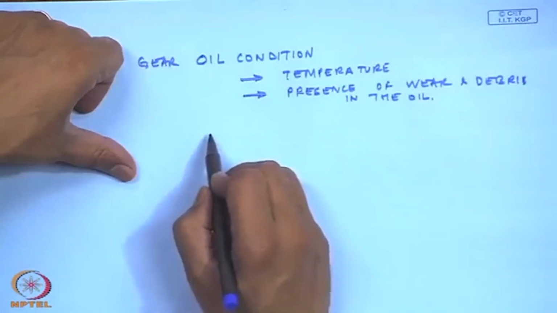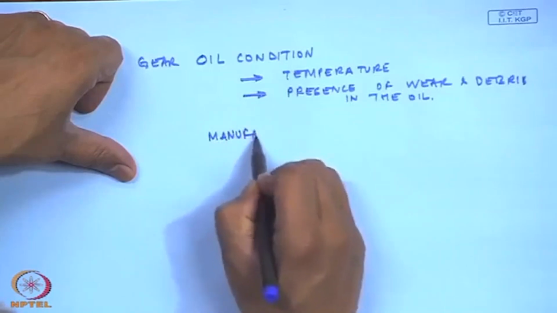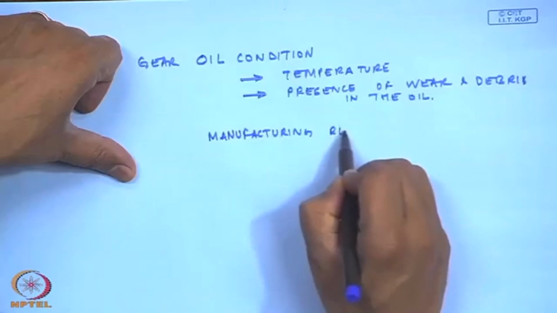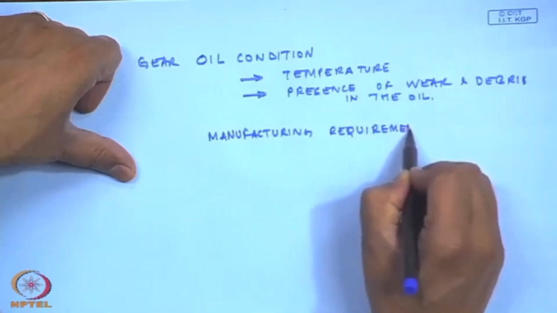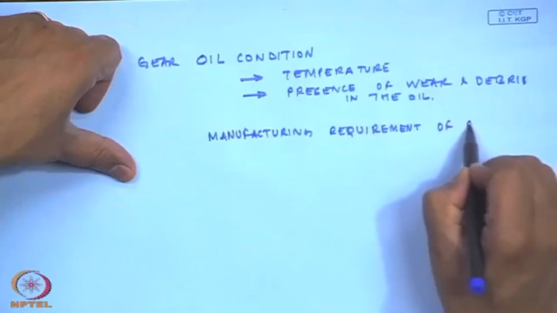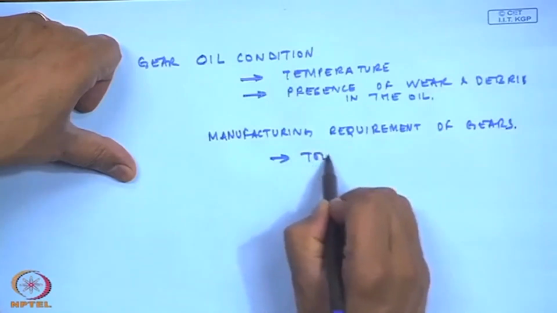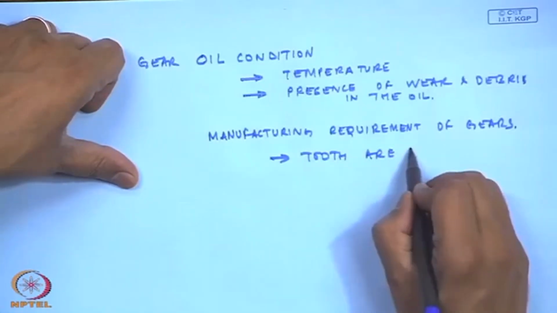So, a very important manufacturing requirement of a gearbox is that the teeth are hardened.